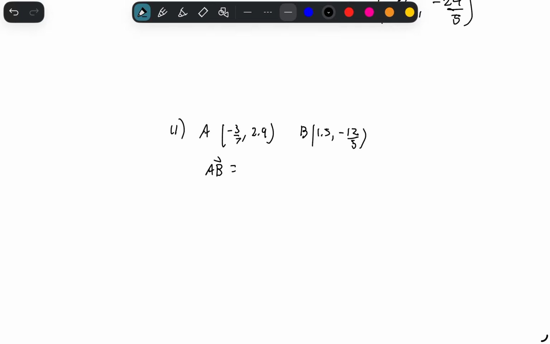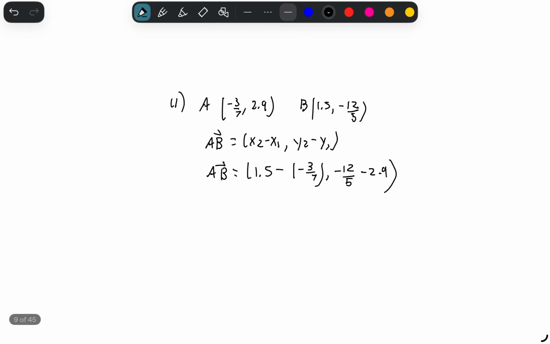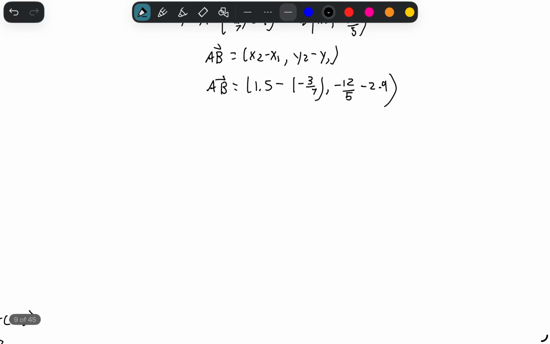So this is x2 minus x1, y2 minus y1. So here we have AB: 1.5 minus negative 3/7, and we have negative 12/5 minus 2.9. So now we have to find our x component.